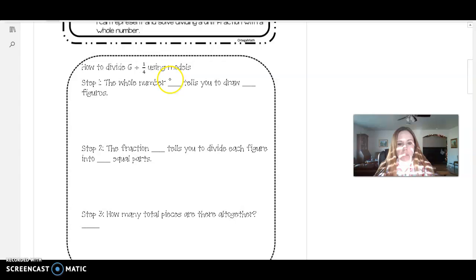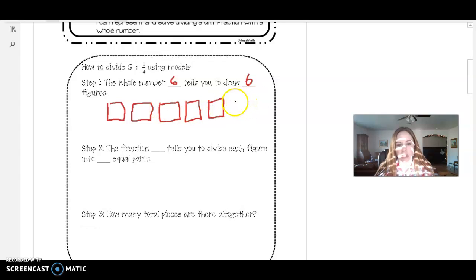Step 1, the whole number 6 tells you to draw 6 figures. So let's draw 6 figures. Let's do squares. 1, 2, and of course they should be prettier squares than mine, but when you're using a mouse and a drawing tool, sometimes they don't look super pretty.